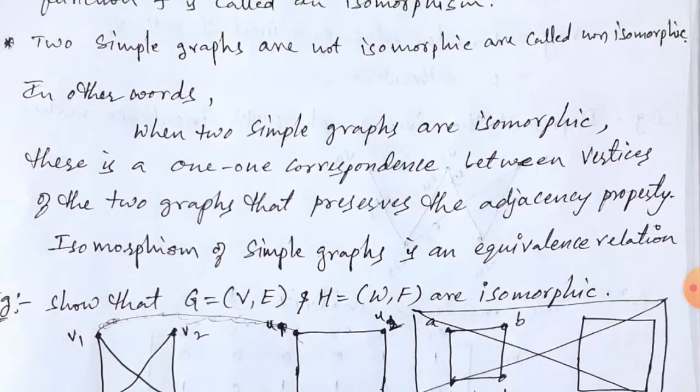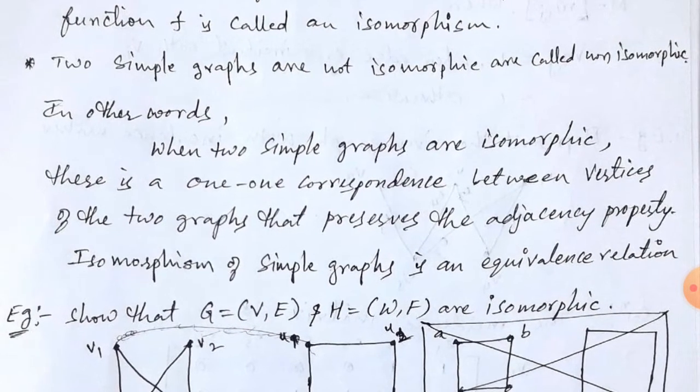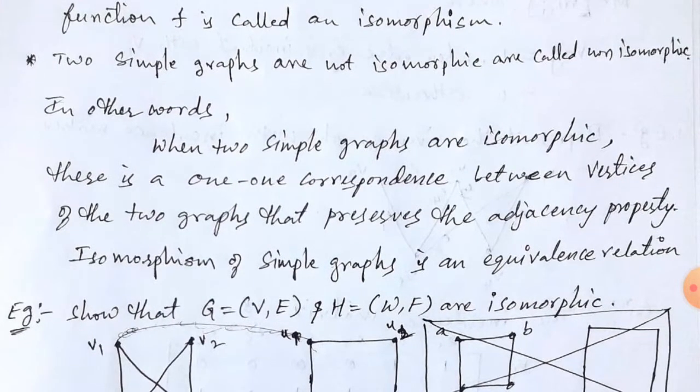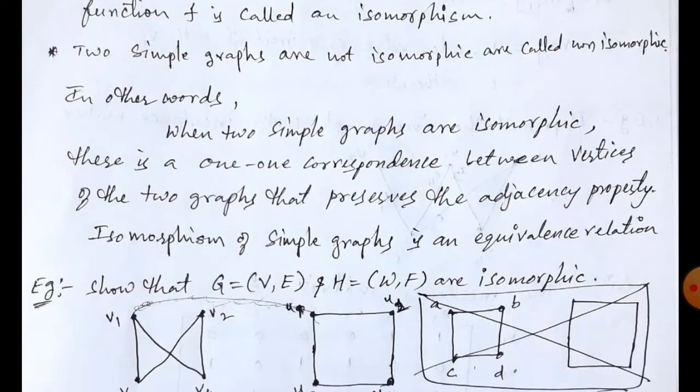In other words, when two simple graphs are isomorphic, there is a one-to-one correspondence between the vertices of the two graphs that preserves the adjacency property. Adjacency property means the adjacency matrices of both graphs should be the same. Isomorphism of simple graphs is also an equivalence relation.